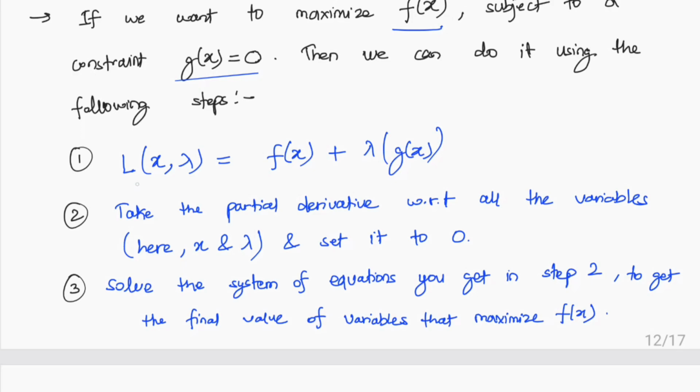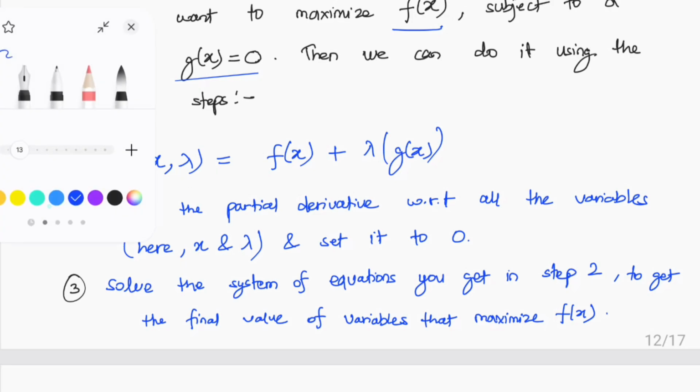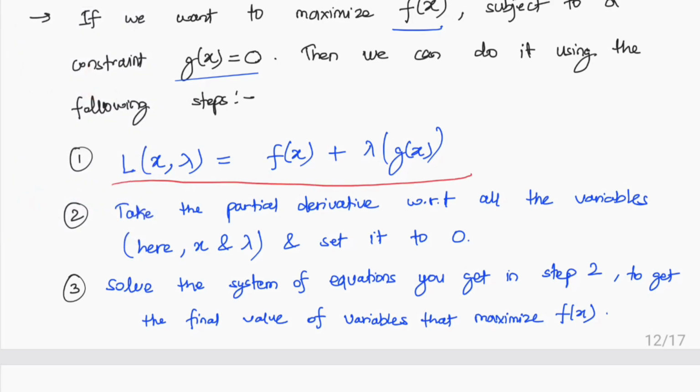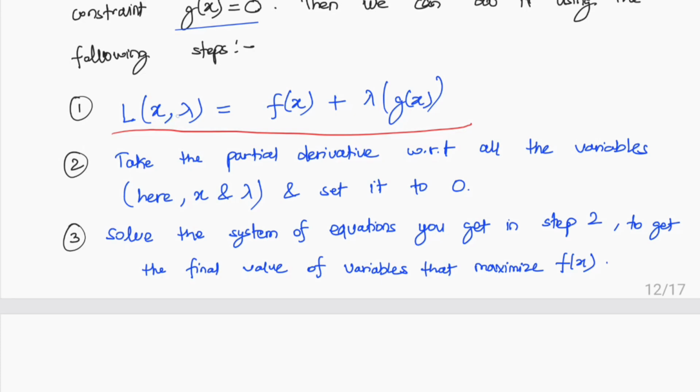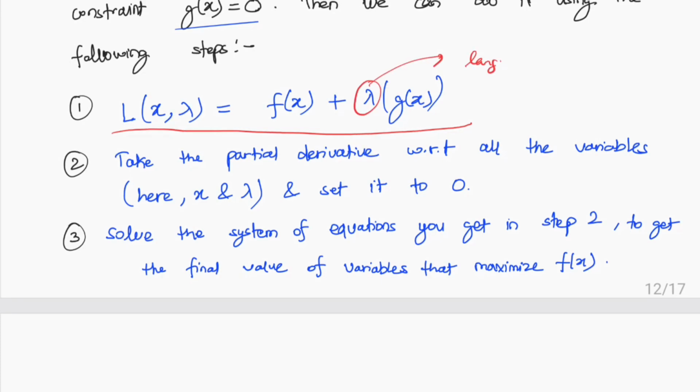So let us say the Lagrangian can be written as L of x comma lambda. This lambda is nothing but the Lagrangian multiplier, and we write the Lagrangian of x comma lambda as f(x) plus lambda of g(x).